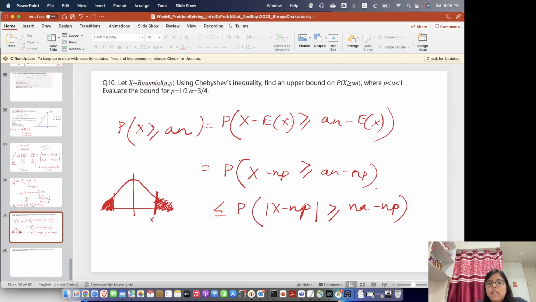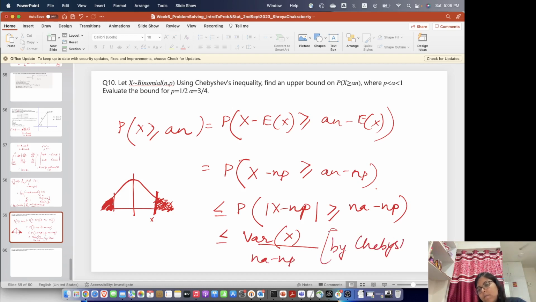Alright, so then this is less than this one, and now we can apply Chebyshev's inequality. This will be the variance of X by an minus np, squared, which will be equal to the variance of X, npq, by an minus np.